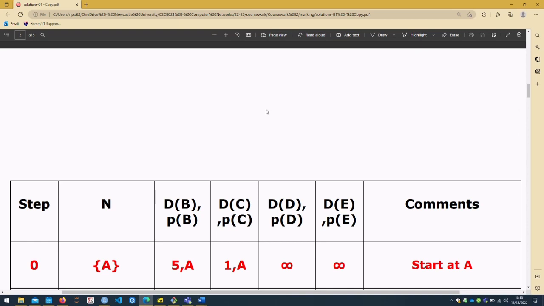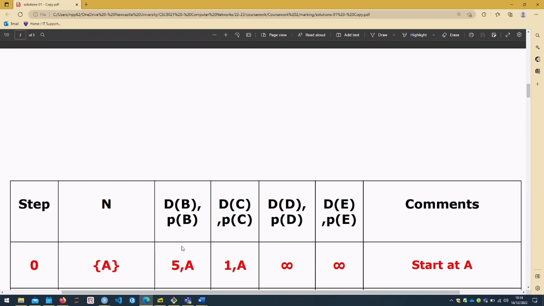Okay, so coursework 2. Begin with Dijkstra's algorithm to compute the least cost route from node A to all nodes. So we start at node A, right? Our set of nodes just contains A for the moment.